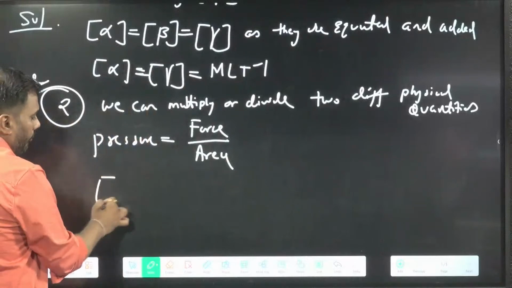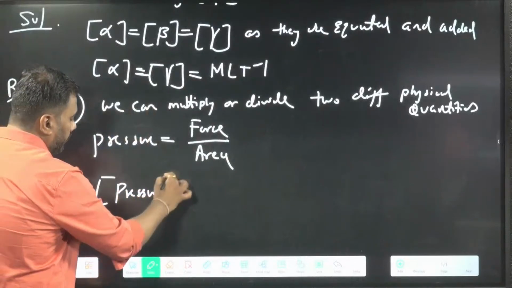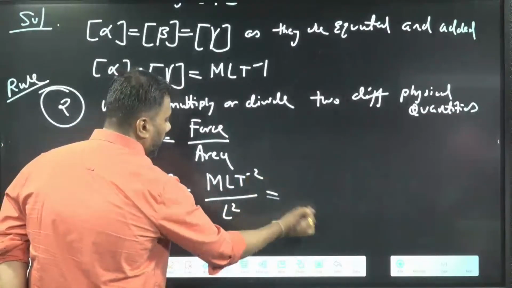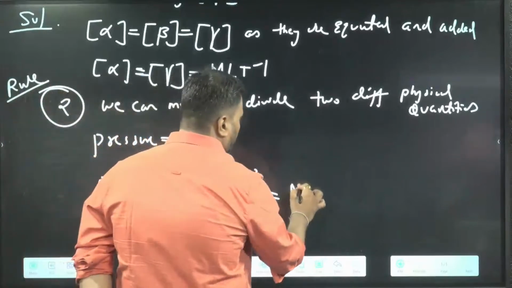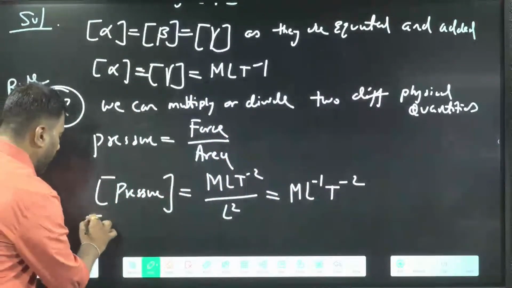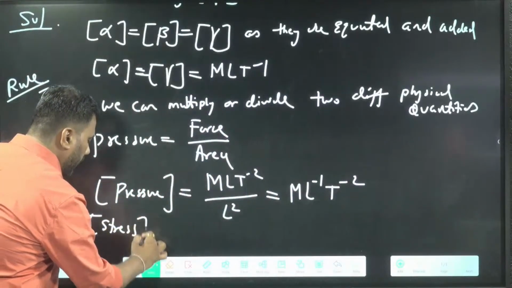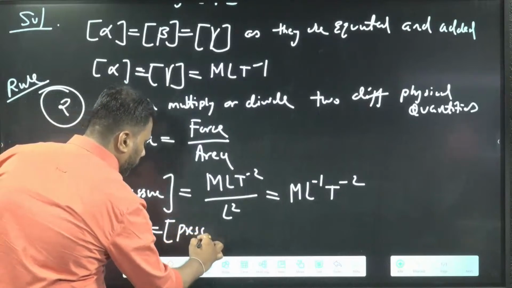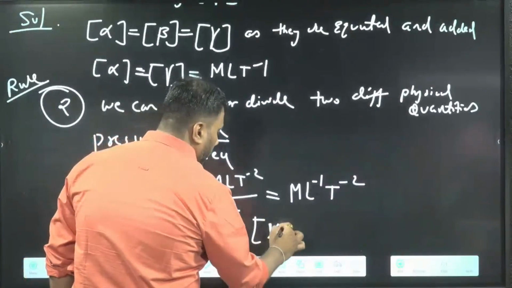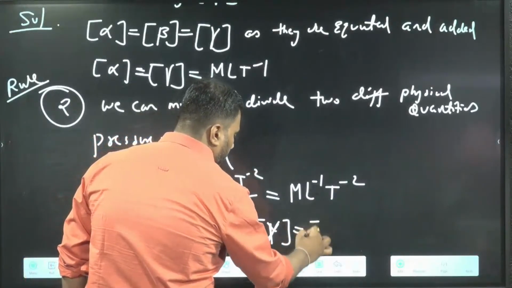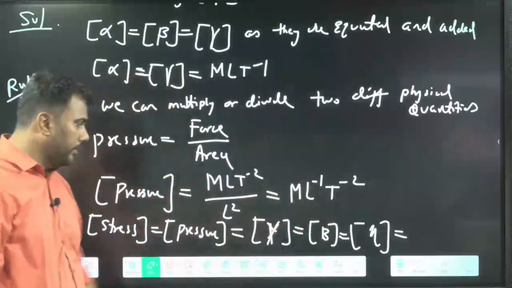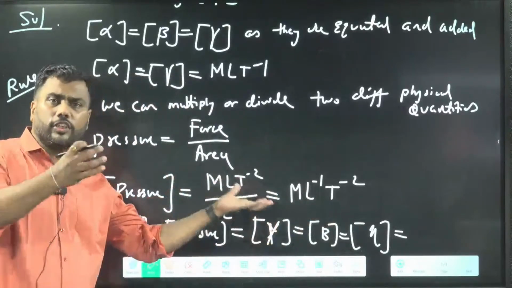If anyone asks you what is the dimension of pressure, that will be dimensions of force, MLT minus 2, divided by area, which is L square. So it will be ML minus 1 T minus 2. Stress also has the same dimension. Also all kinds of modulus of elasticity, Young's modulus, bulk modulus, modulus of rigidity, are stress by strain.